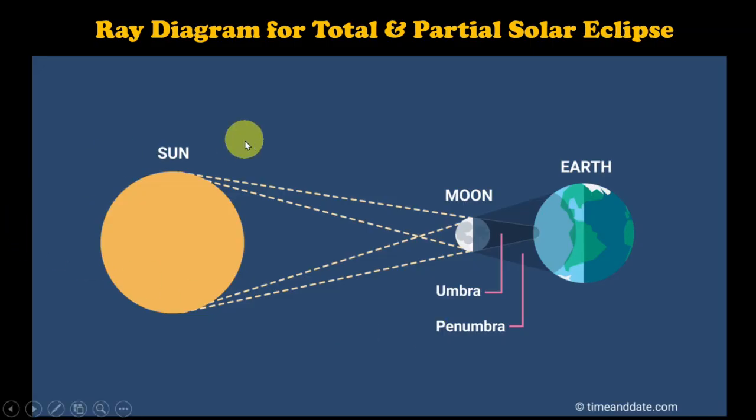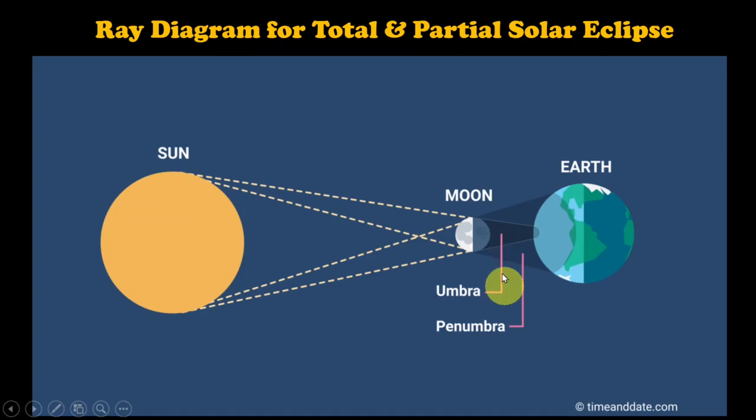Here's the ray diagram of the total and partial solar eclipse. Here you have two rays from this point. You can even draw and sketch this. You draw one that touches the surface of the moon, and you continue drawing it until it touches there. Then you draw another one here. It scratches the surface and touches there.